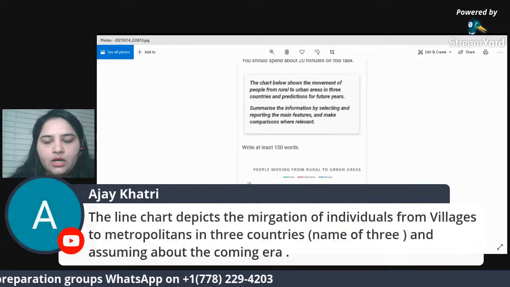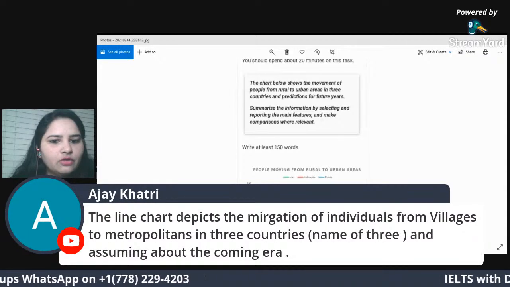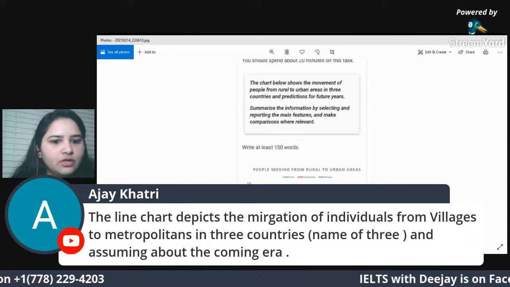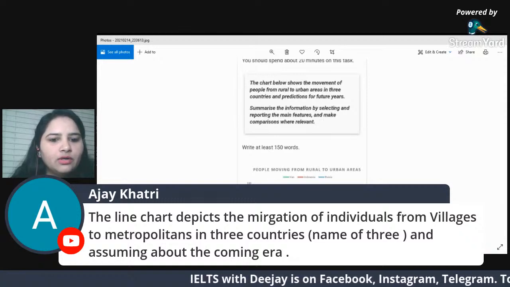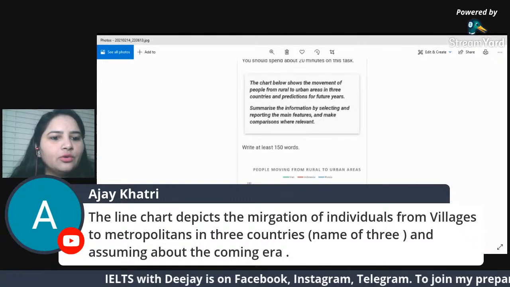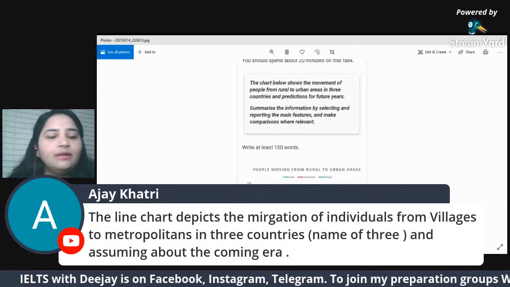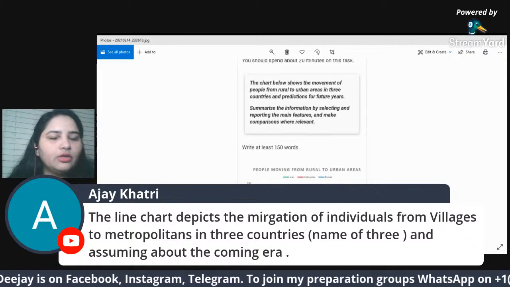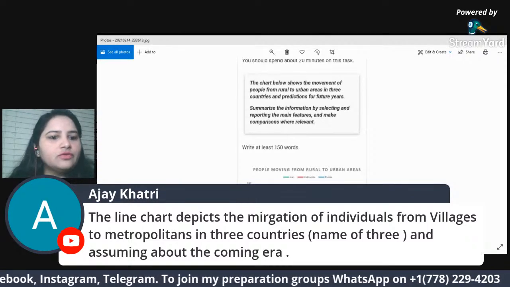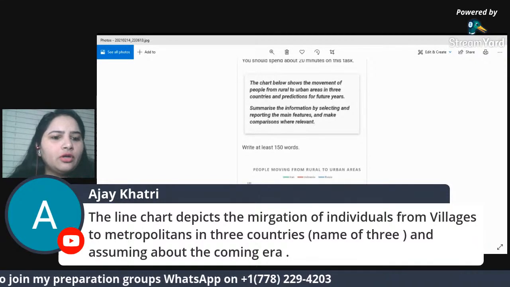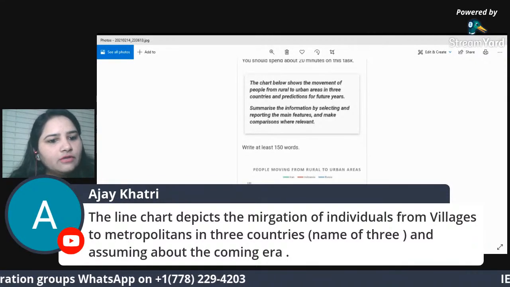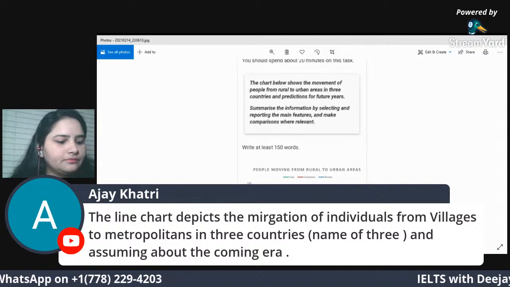Okay. The line chart depicts the migration of individuals from villages to metropolitans in three countries, name of three, and assuming about the coming era. This is a good one. And add millions also, that they are talking about in millions. If they're talking in percentage, you have to give the detail here.